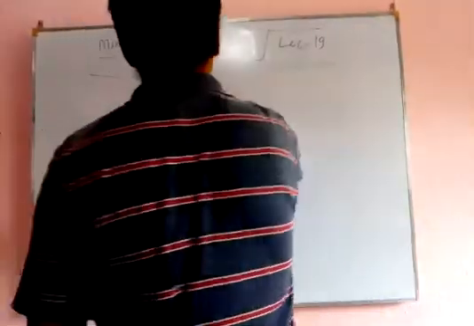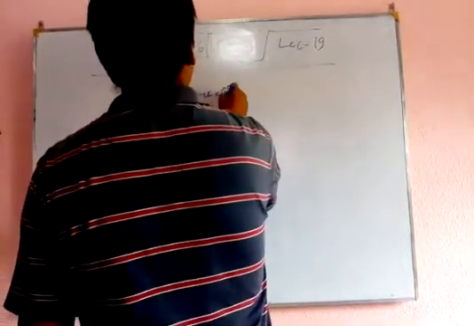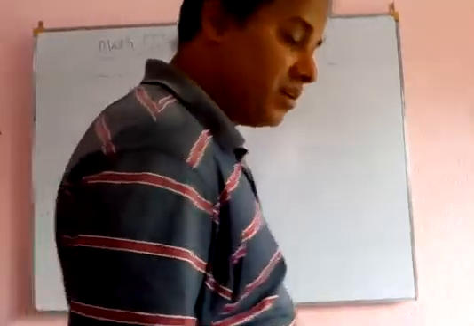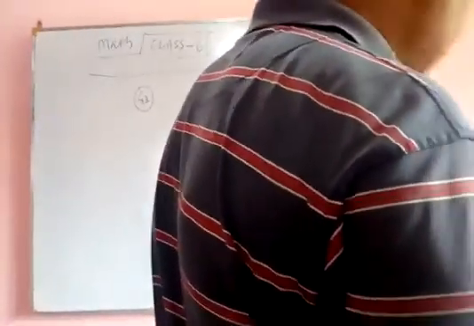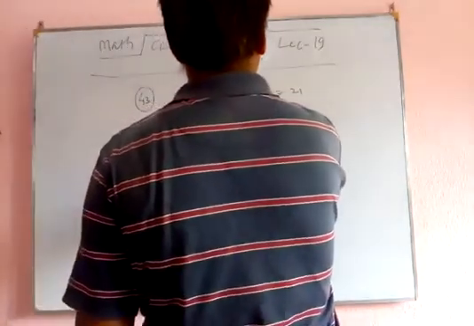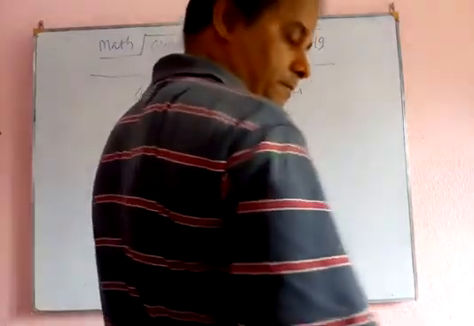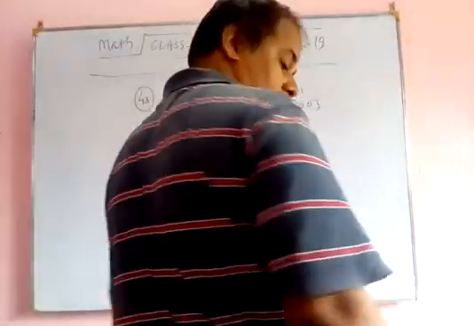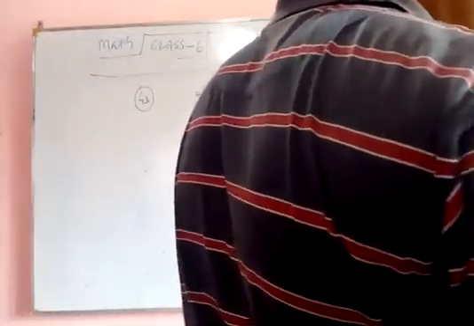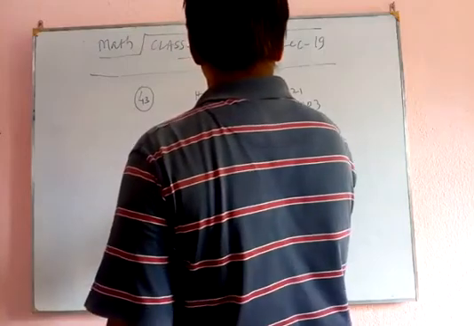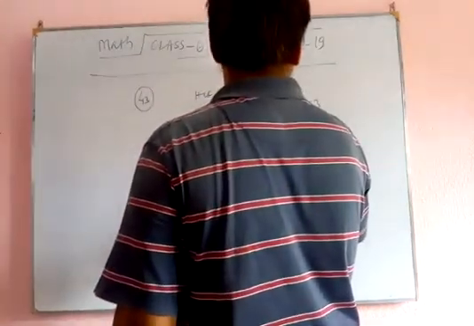The HCF of two numbers is 21 and their LCM of two numbers is equal to 3003. If one number is 231, then the other number is what?